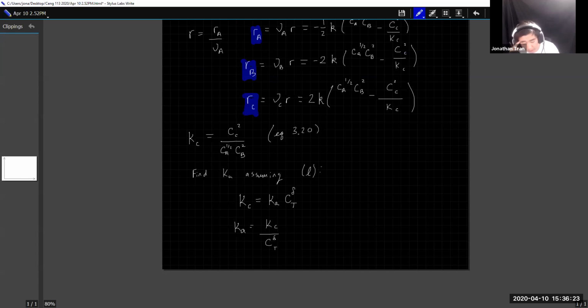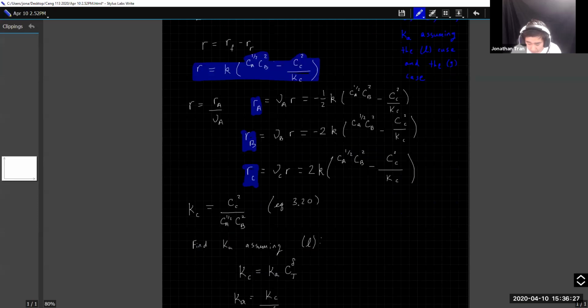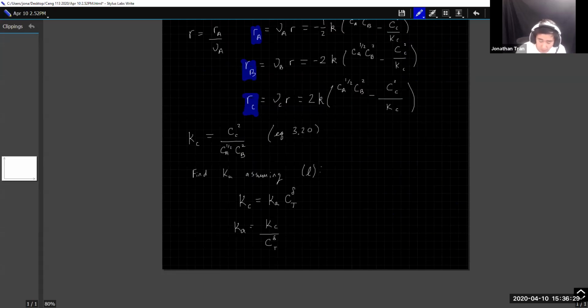Now, one thing I think I forgot to point out previously is that in this form of the equation, just be aware of the units of Kc in case you had to solve for either Kc or Ka. The units on Ka are dimensionless.